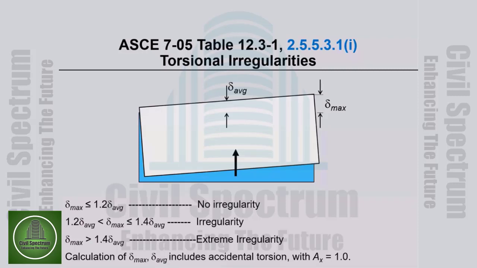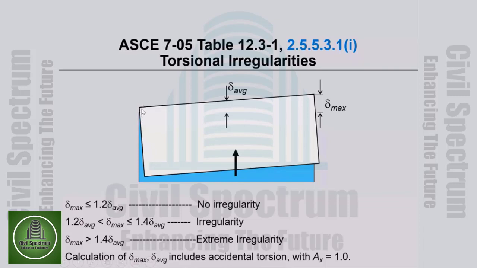Okay, let's get into the definition of torsional irregularity for the first time. So this building has deformed because of torsion, the deflection. So it has deflected and it has also rotated because of torsion.